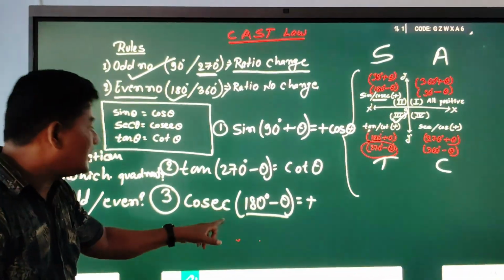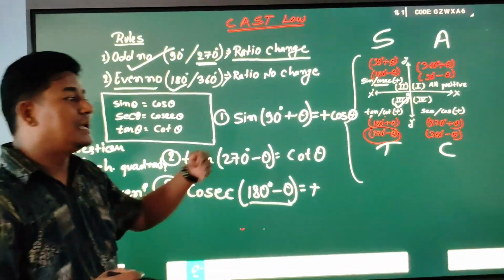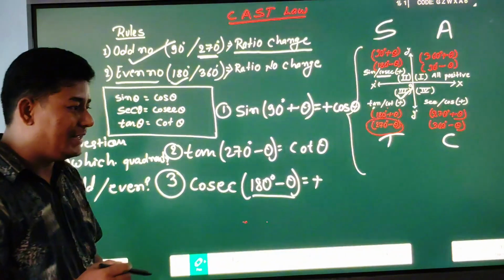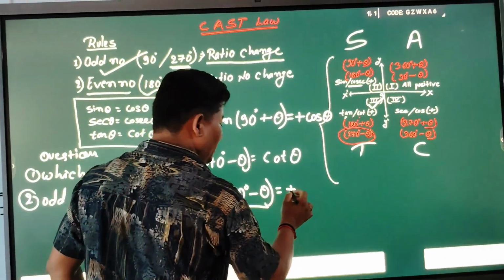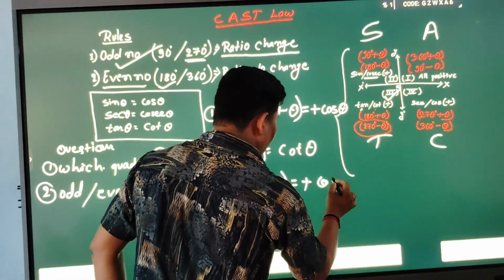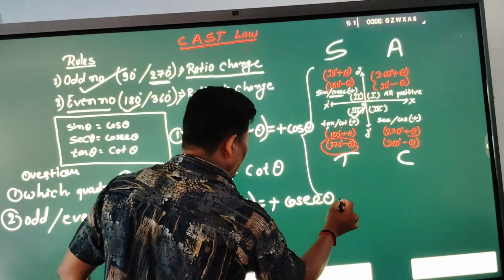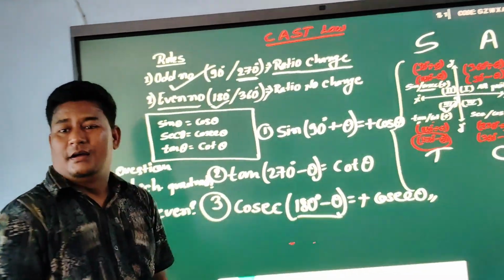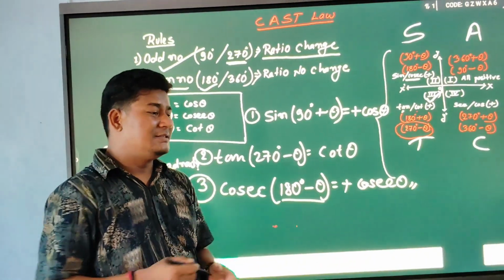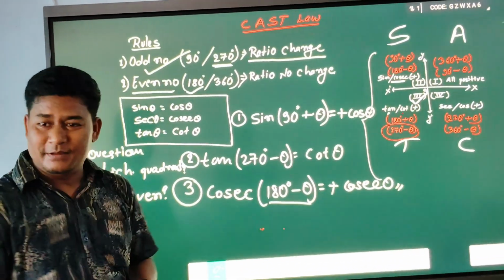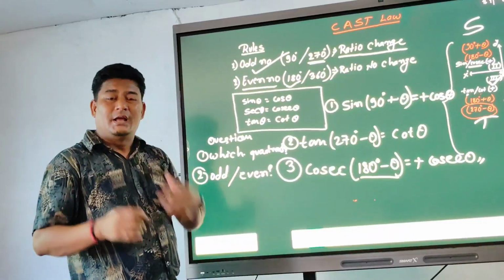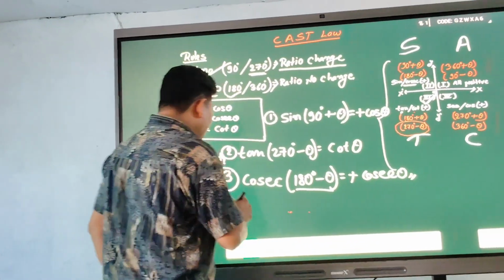Means if it is cosec, the same ratio will be there. Okay? Then cosec 180 degree minus theta equals cosec theta. This way we can change any type of problem related to this.